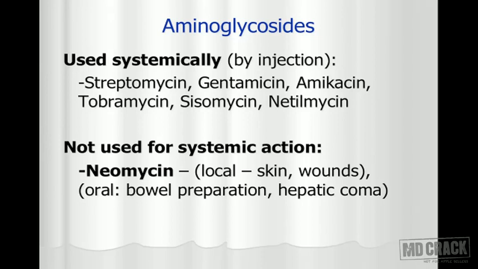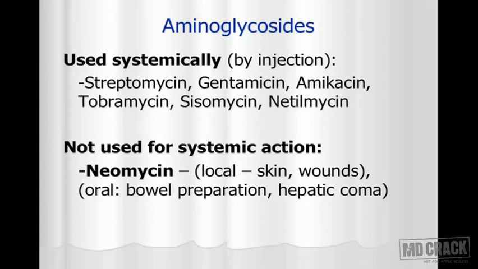It's not going to be absorbed systemically. The drug is also not broken down by gastric hydrochloric acid, so it remains active and keeps passing through the gastrointestinal system as an active drug, and during passage through the gastrointestinal mucous membrane, it can kill the bacteria.